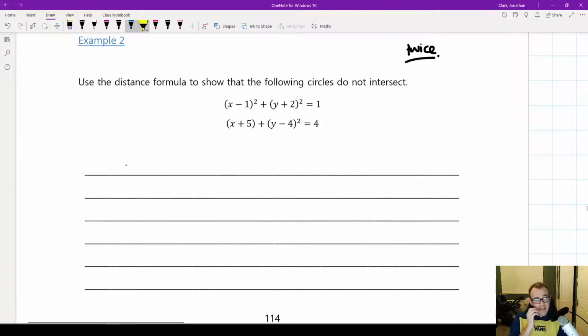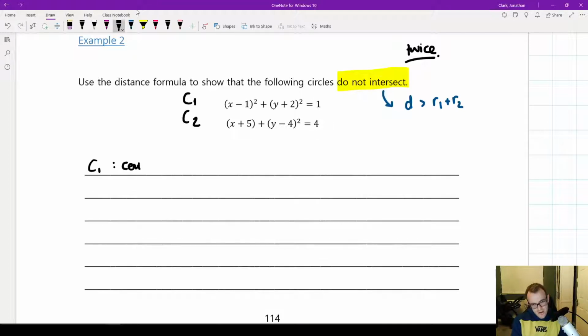Let's have a look at one more example. This time, it tells us in the question that the circles do not intersect. We kind of have our answer already. We just need to check that it works out the way we think it's going to. If the circles don't intersect, we'd expect the distance to be greater than the sum of the two radii. All right, let's get everything down then. Call it circle 1 and circle 2 again.